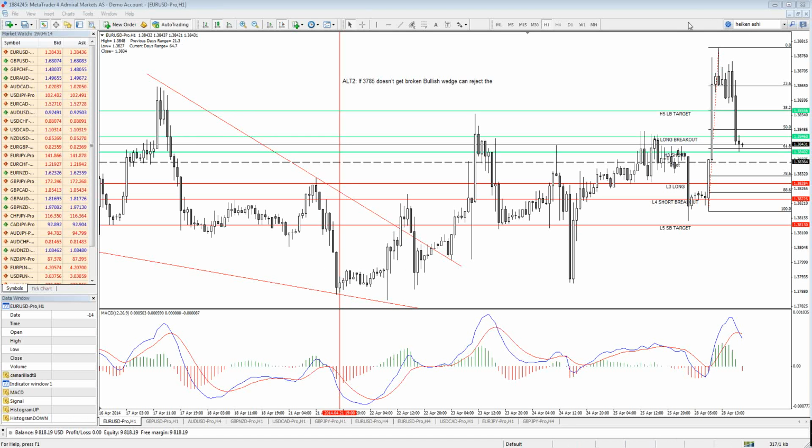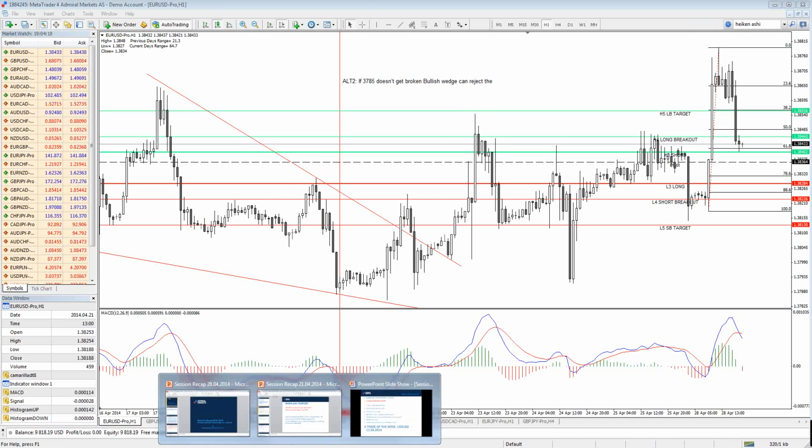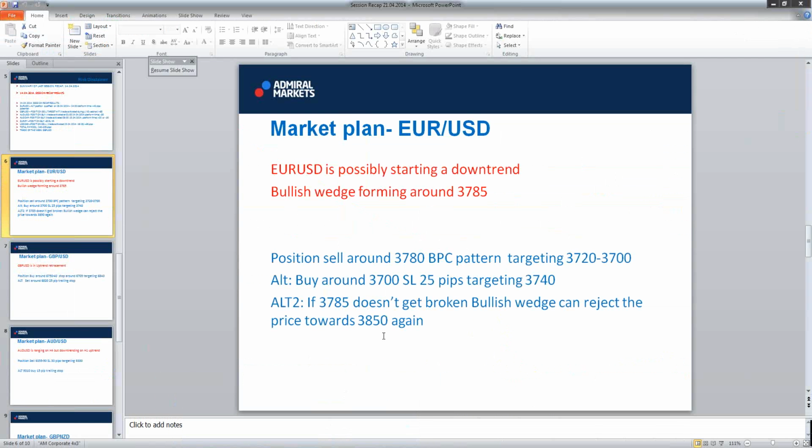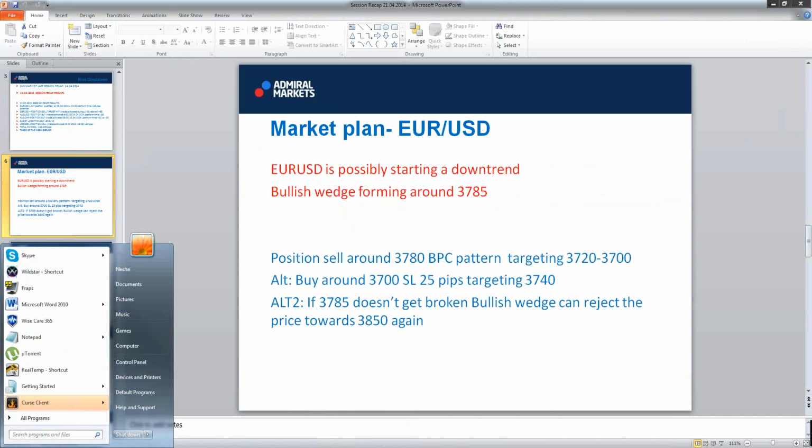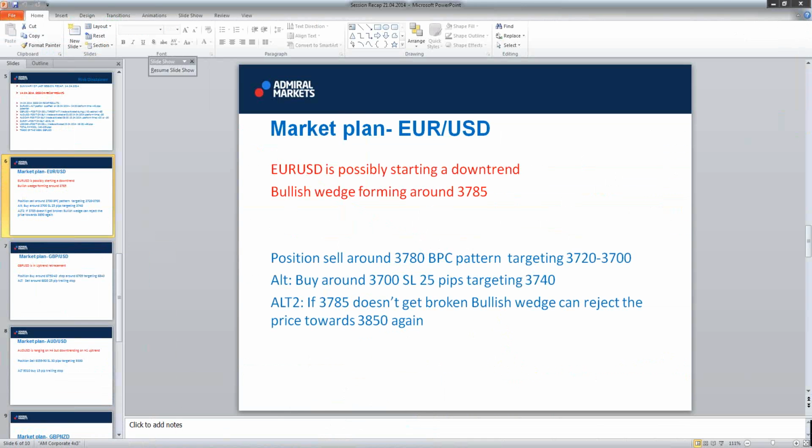I wanted to sell below 37.80, as the setup said. Maybe I would wait 10 more pips, but I would wait first to see 37.80. Unfortunately or fortunately, it didn't happen.